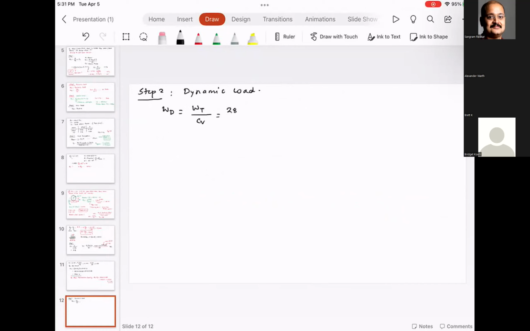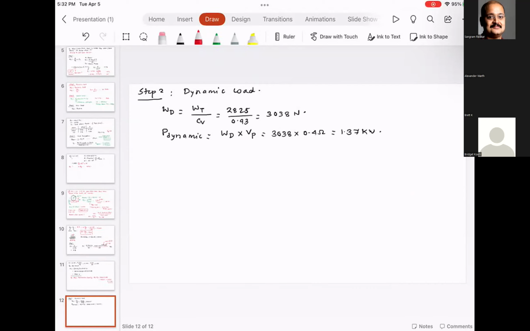Wt is 2825 divided by 0.93, which is 3038 newtons, and that gives me the power dynamic, which is Wd times Vp, which is given as 3038 multiplied by 0.452, which is 1.37 kilowatt.